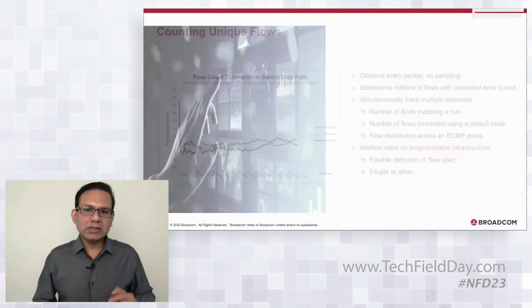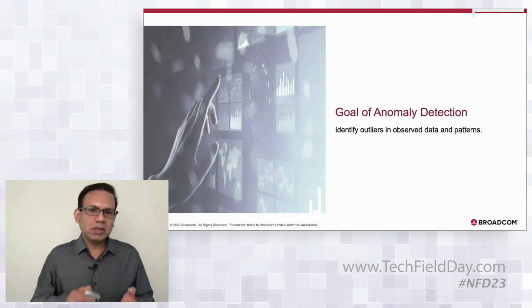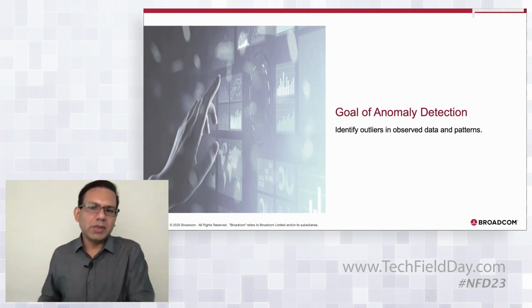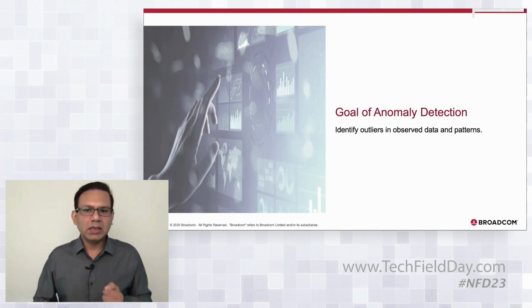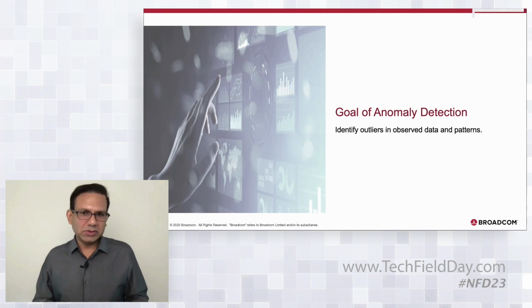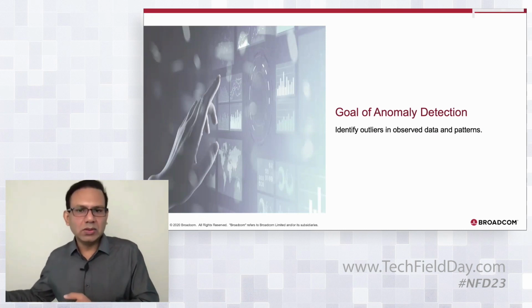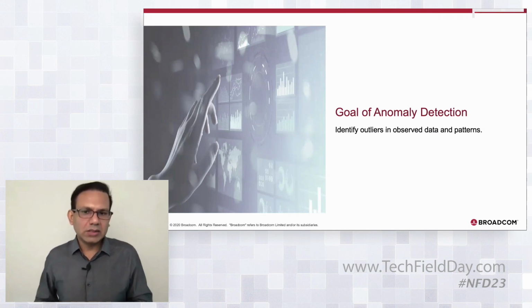Now, this section was about inline analytics and anomaly detection. So what is the goal of anomaly detection? It is to identify outliers in the observed data and patterns. So we looked at 3 different methods, but now you have a higher level goal, which is figuring out outliers in observed data.